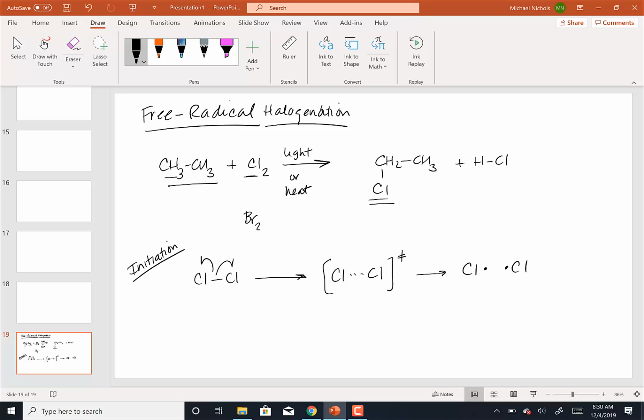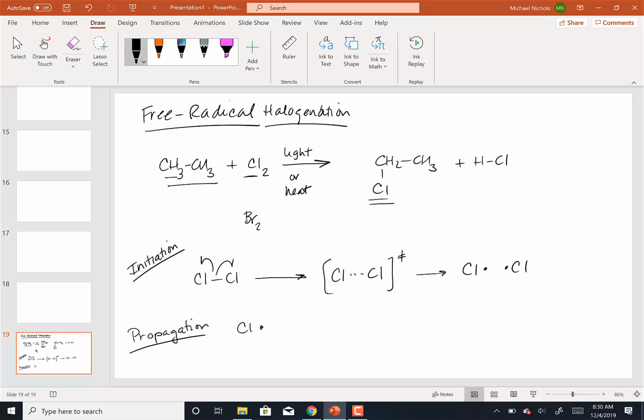Once those radicals or those atoms react, they're going to produce another one, which is then going to continue the chain. So in free radical halogenation, these next two steps are called propagation steps, because when you do the first step, it leads to the second one. And so here's what happens.